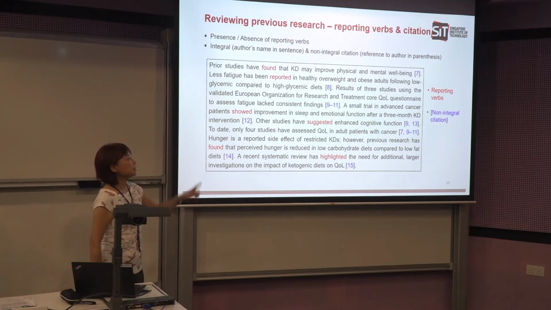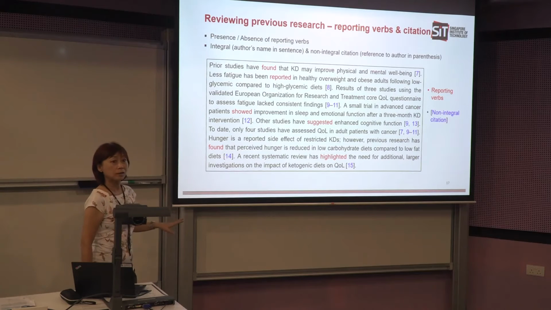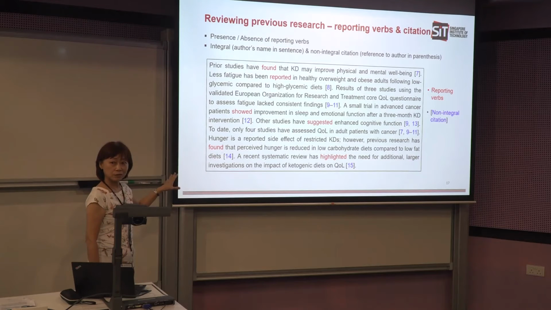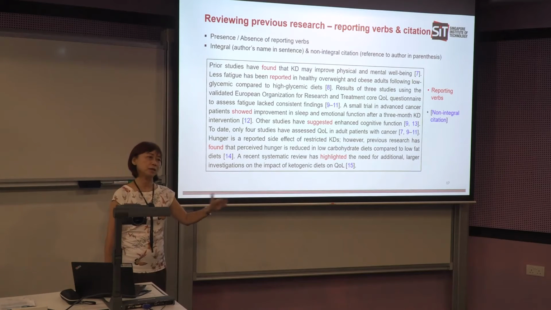Kodabashi, you realize, uses just non-integral citation throughout. So they have not used integral citation at all. But that's not to say that they don't acknowledge the other authors. They do, the fact that they have citation. It's interesting to know, why do they focus on the information rather than attribute to other people?